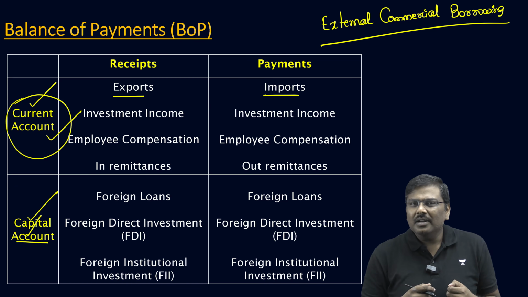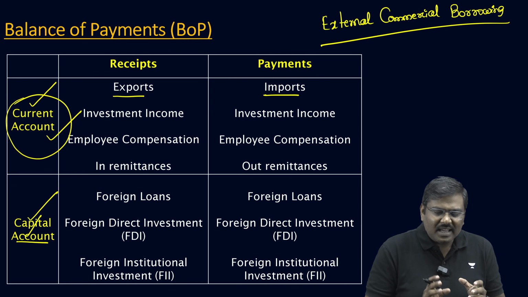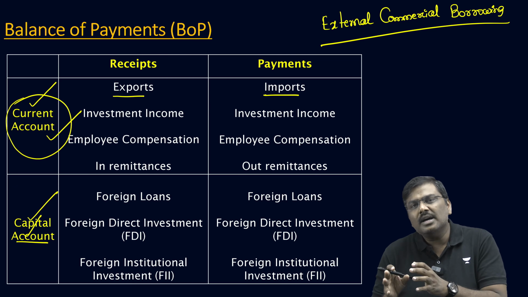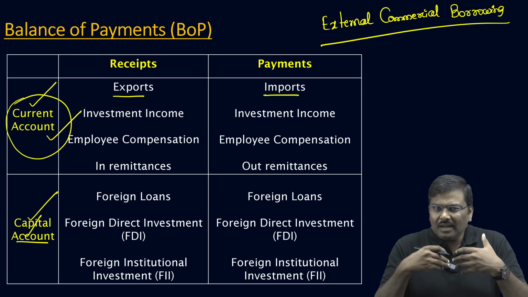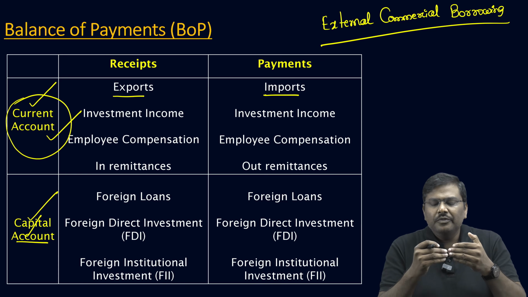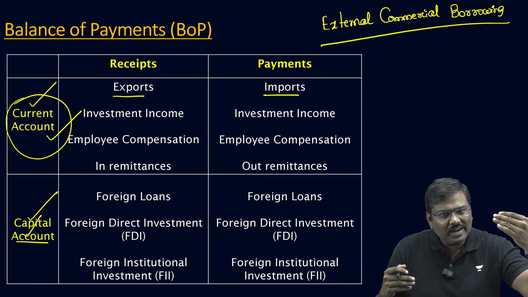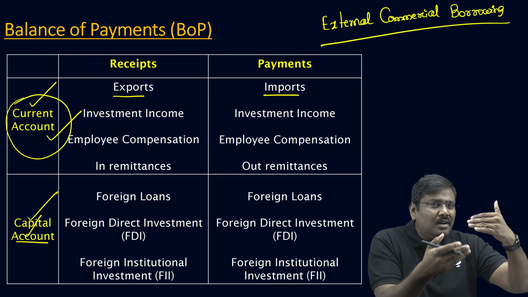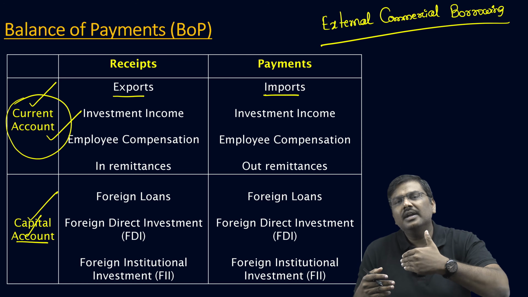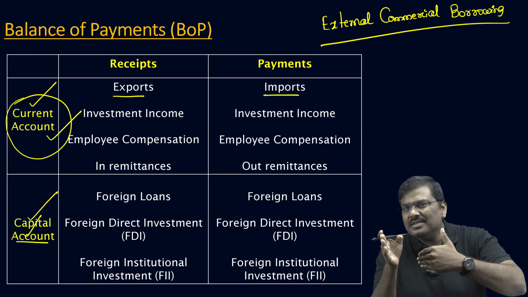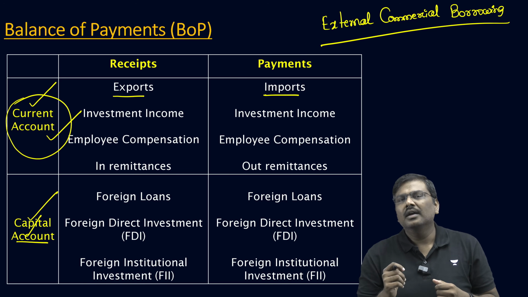Before I go forward, some of you look at the table and ask me, sir, what is this receipt? What is the payment? My dear, I hope you understand this. Whenever a country is an open economy, foreign currencies, because of multiple transactions, can come into the country and can go out of the country.